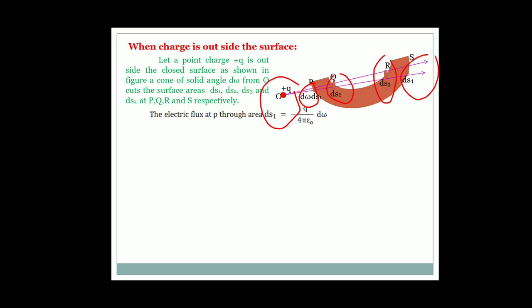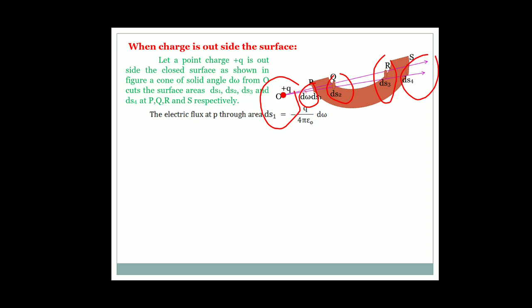At Q, the line of force is coming out of the closed surface. At R, the line of force is entering into the closed surface. At S, the line of force is coming out of the closed surface.